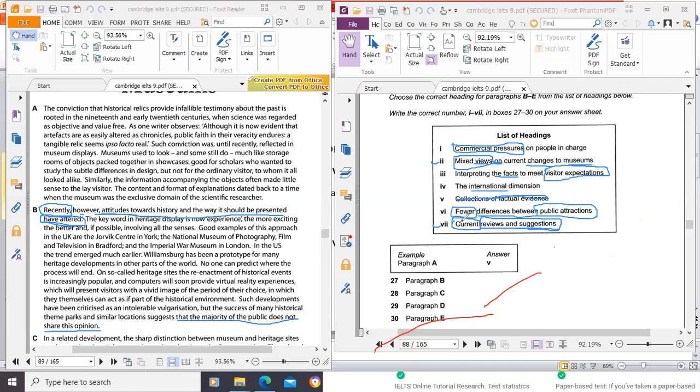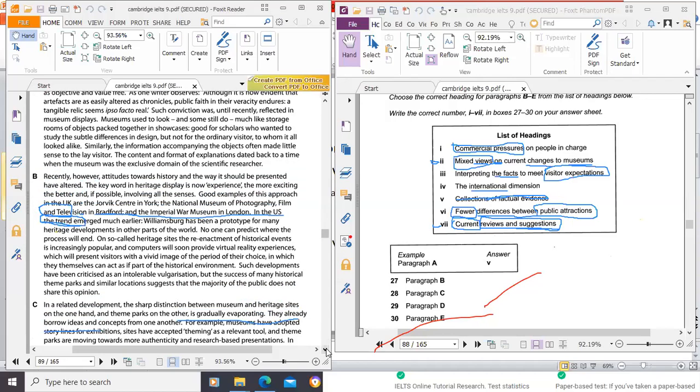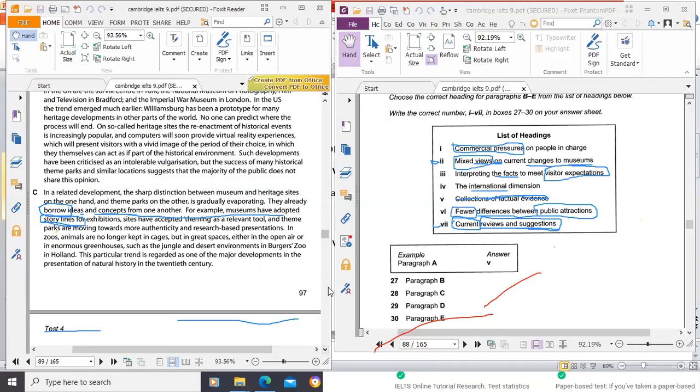But remember at the end of the day, for you to choose the right one, make sure you cancel out 1, okay? But apparently, you will see that this is the right answer here. Mixed views on current changes to museum. But let's move on to paragraph C. Are we together? Does it make sense at all?